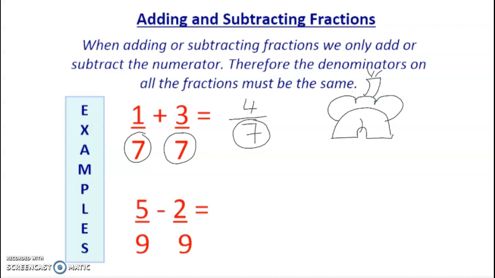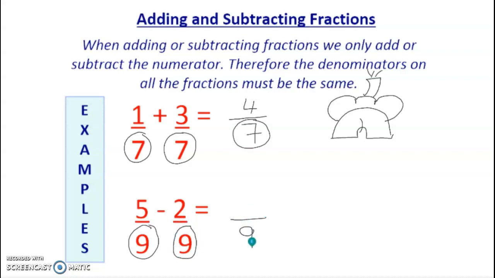Okay, let's have a look at the second example. So in my second example, I've got 5/9, and this time it's a takeaway question. So 5/9 take away 2/9. So what's my elephants in this question? What's my denominator? I've got 5 elephants, 5/9, take away 2 elephants, 2/9 equals how many elephants?